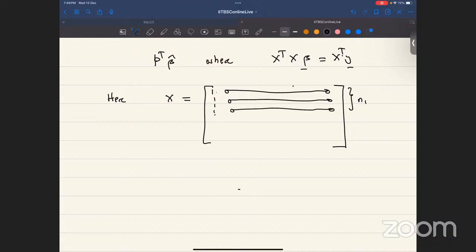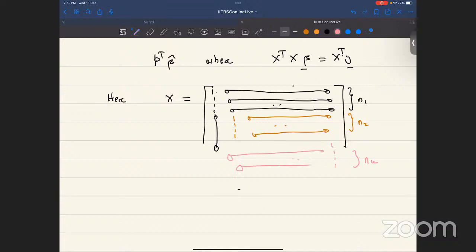And then the next n2 rows, I'll put 1, 1, 1, 1 in the second column, so that'll be the next n2 rows, for the second population, and I have zeros again everywhere else. That's how this thing looks, and it will proceed so on and so forth. Finally, at the last group, the nk rows, I'll get 1, 1, 1, 1 here, and then 0 everywhere else. That's how the matrix X would look finally.